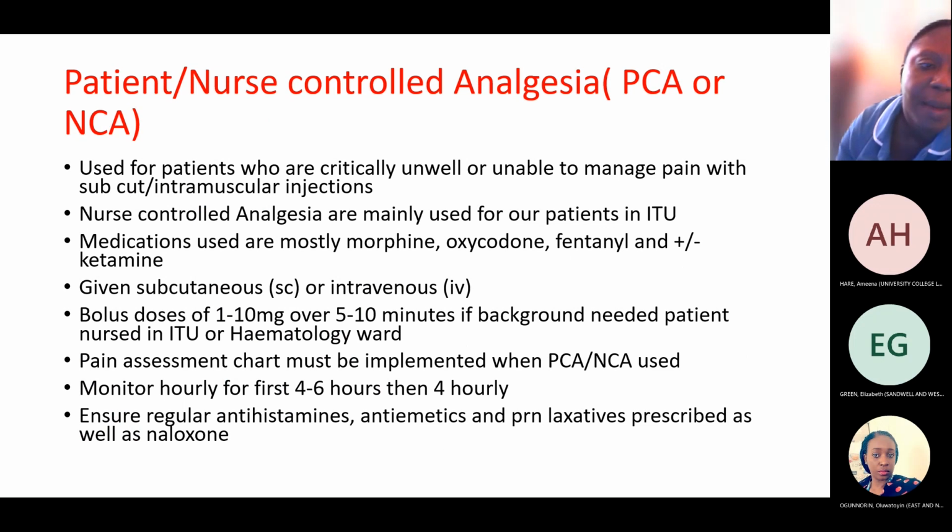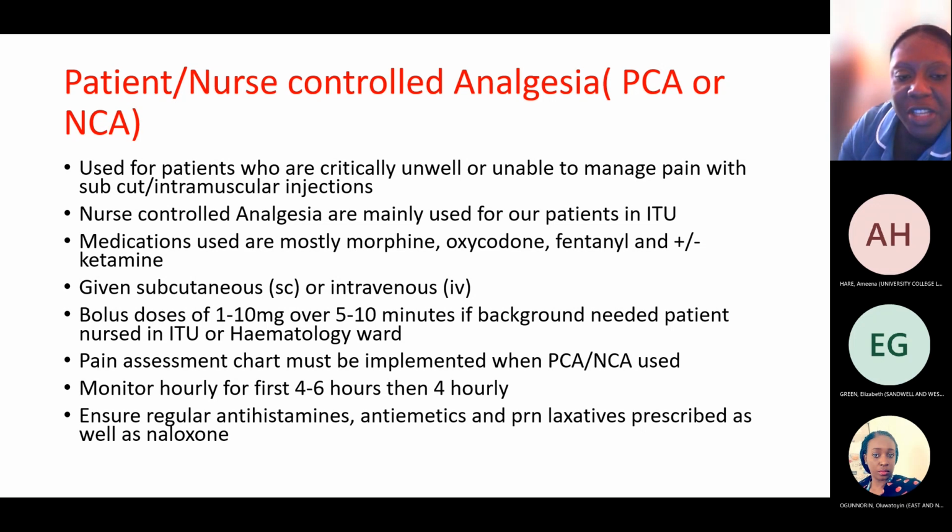And then we're going to talk about another thing, which is PCA, patient-controlled analgesia, or nurse-controlled analgesia. Mostly these are used when we first give our patients either oral morph or the injection route, and that's not helping.